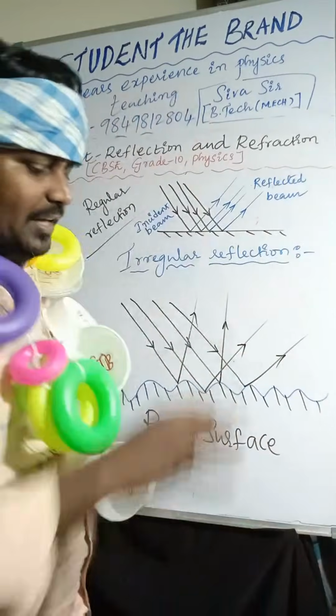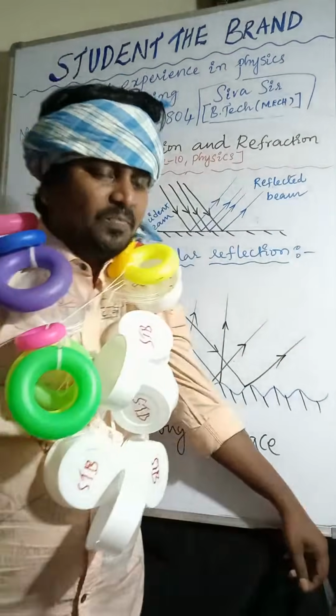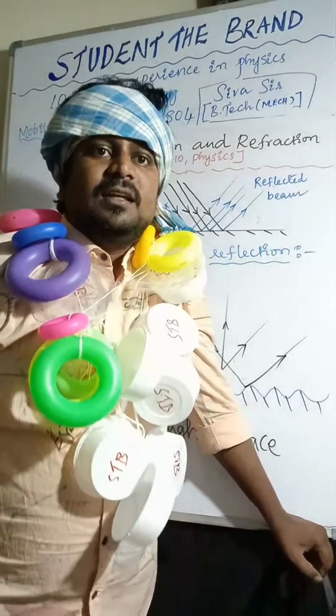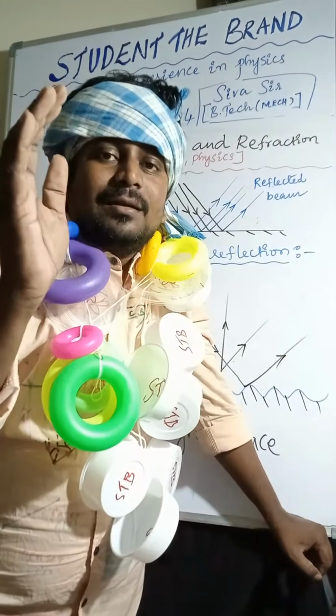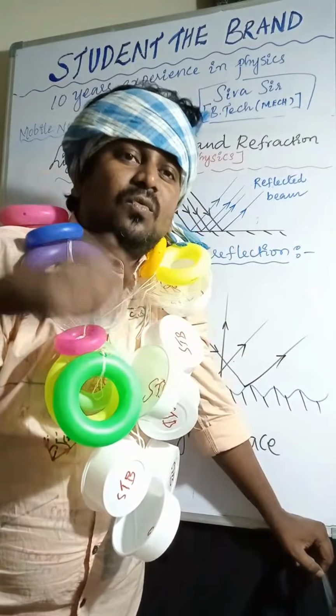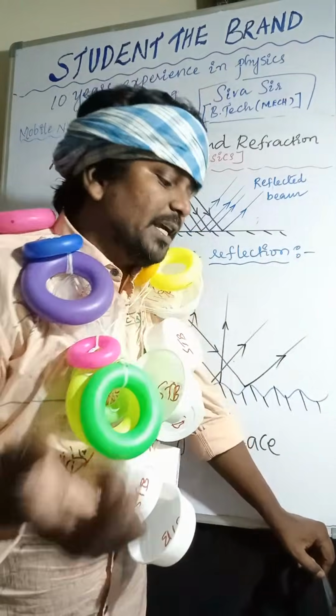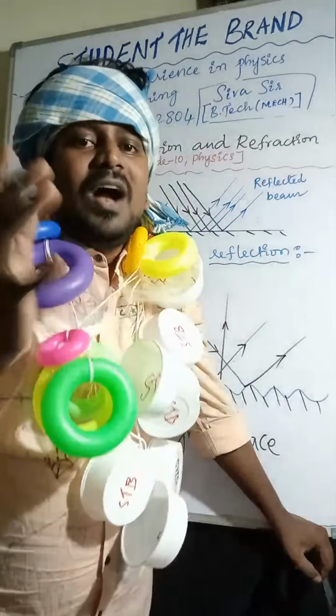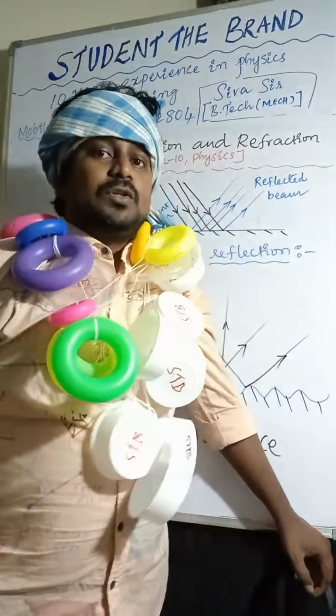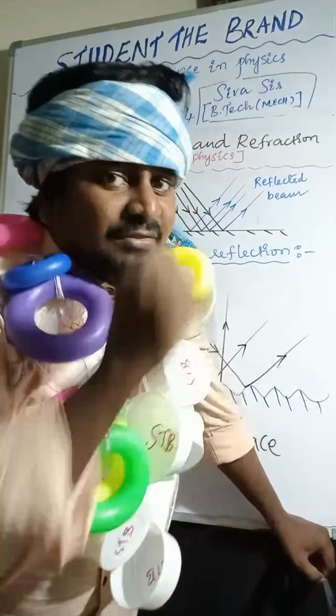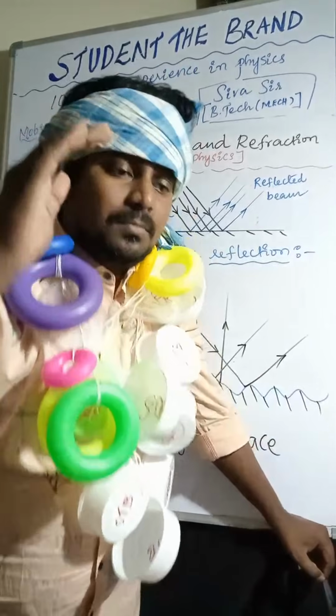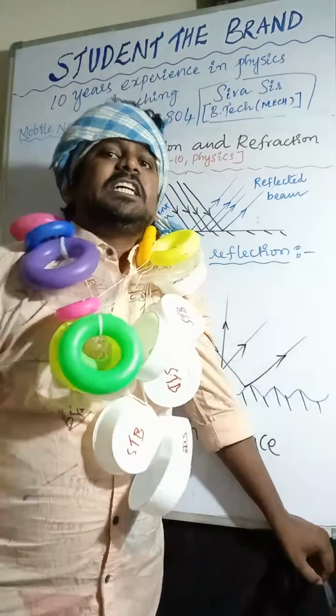There is one question, 3 marks question, very important question. Reflection takes place on wall and reflection takes place on smooth surface. What is the difference between these two reflections? On rough surface, on wall, irregular reflection takes place.